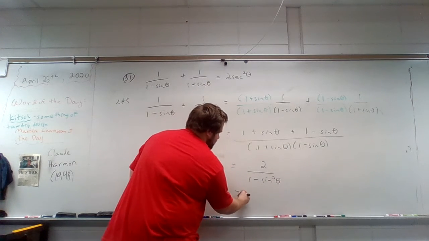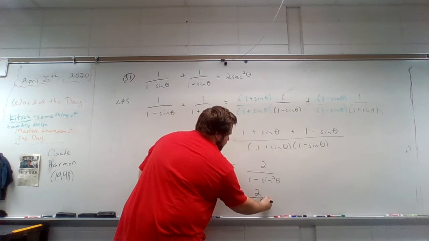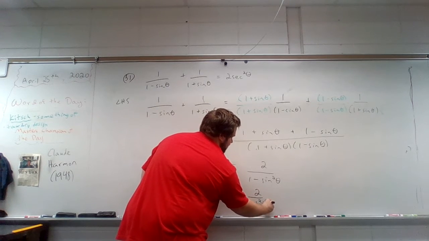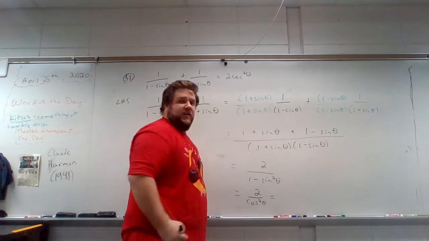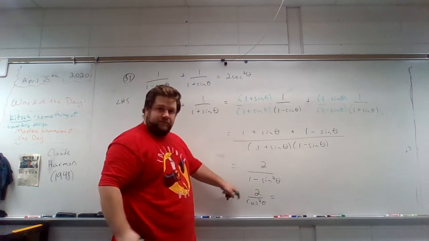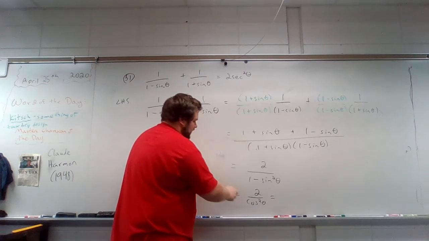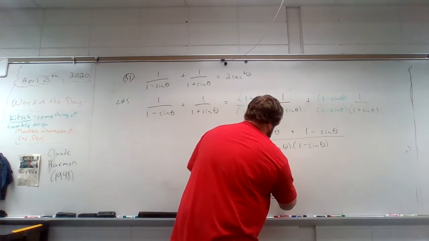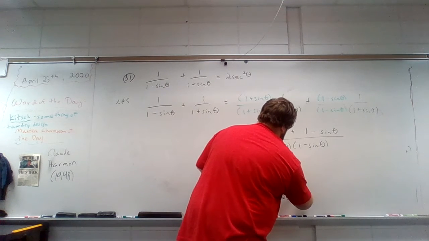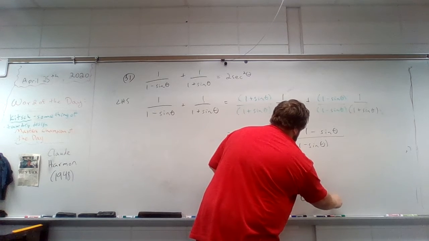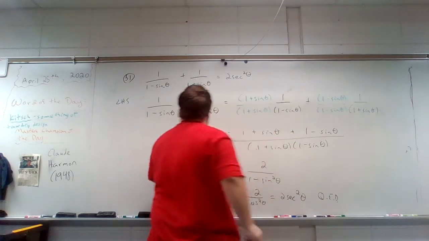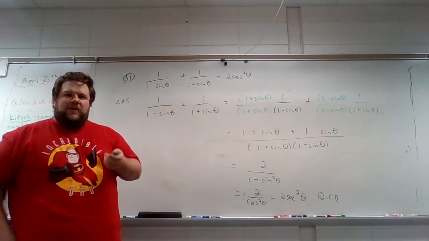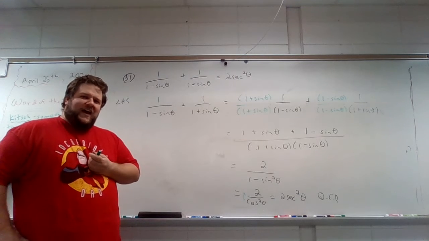So this is really 2 over 1 minus sine squared, which is cosine squared. And 2 over cosine squared, if I move this guy up, that would become a secant squared. So this is 2 times secant squared. So notice the strategy really wasn't to multiply by the conjugate because we had to.